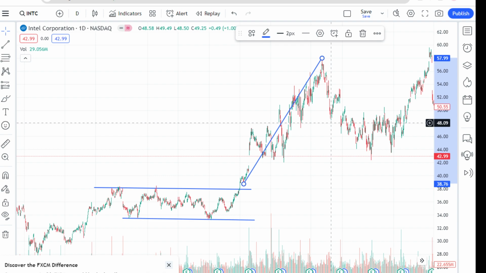So when the stock broke through this resistance level, right around $38, you can see the stock then made a huge move to the upside, eventually reaching right around $57. So the stock had been trading in this range or consolidating for over a year. And when the stock broke through resistance, it made a large move.